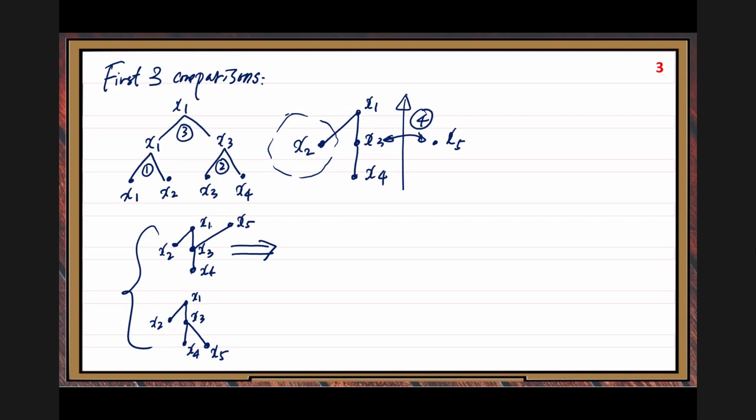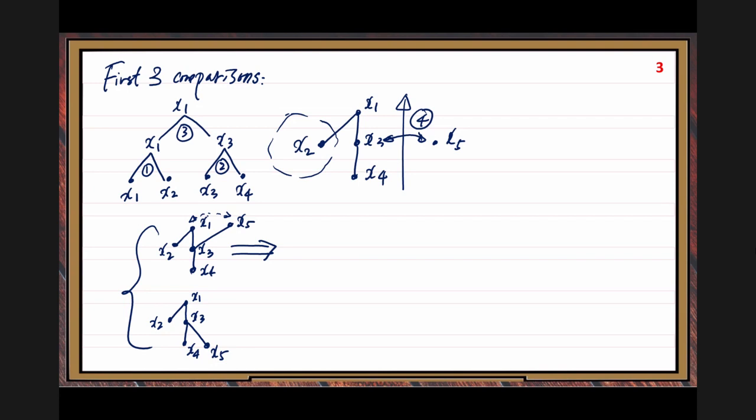Think about this, because we have some part of data get ordered, almost ordered, right? If you do one comparison between X1 and X5, can you extend the ordered part of the array a little more, right? X1 and X5.